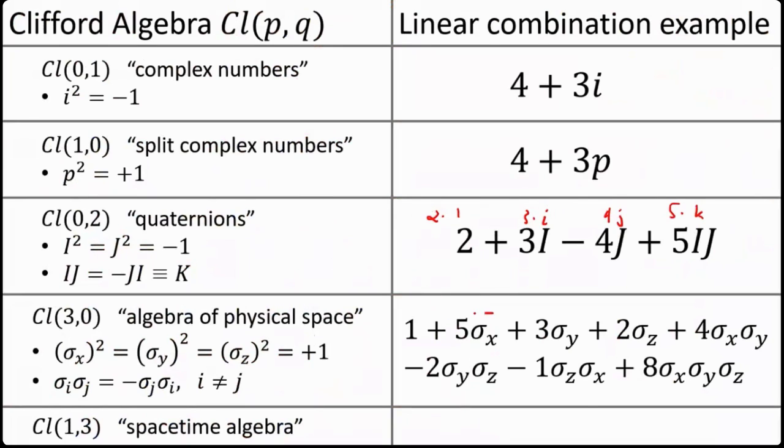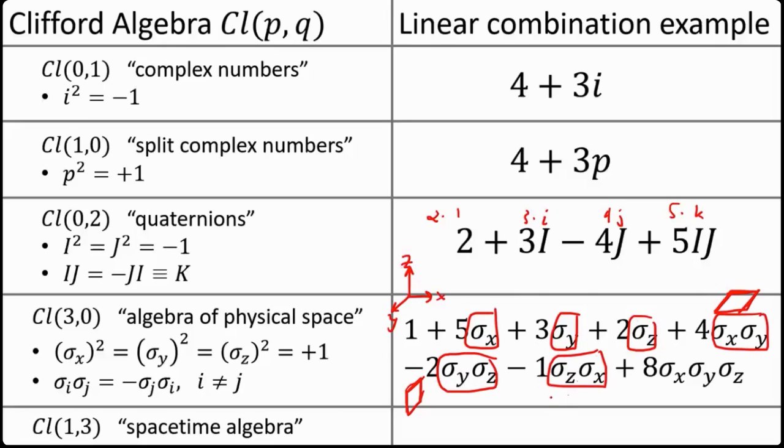So the reason it's called the algebra of physical space is that these are the basis vector directions, x, y, and z. And then these are the bivectors. So x, y would be a plane like that. y, z, I guess, would be a plane like this.